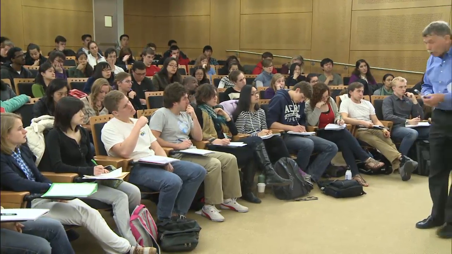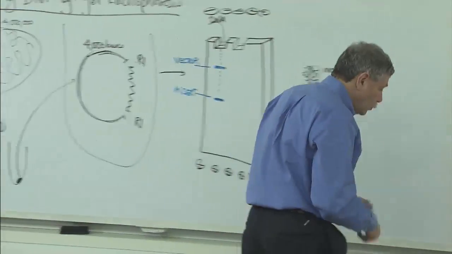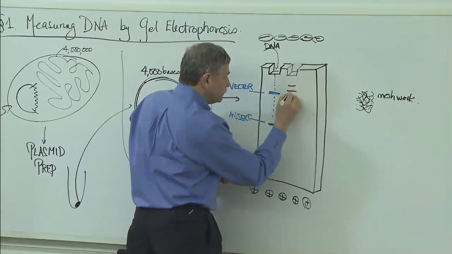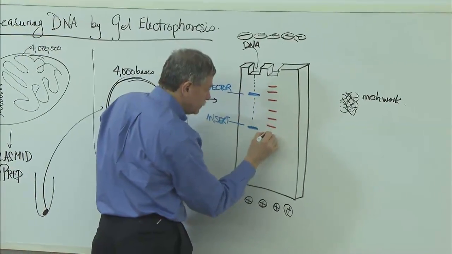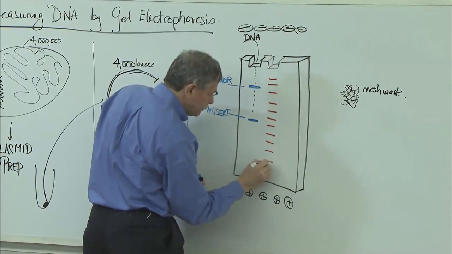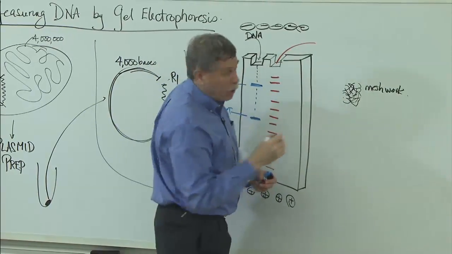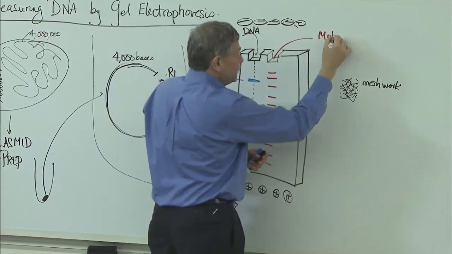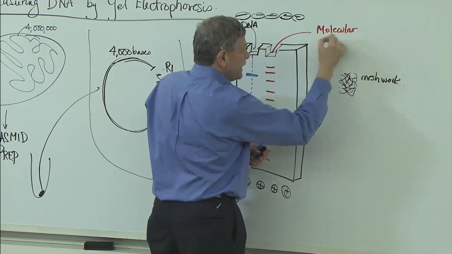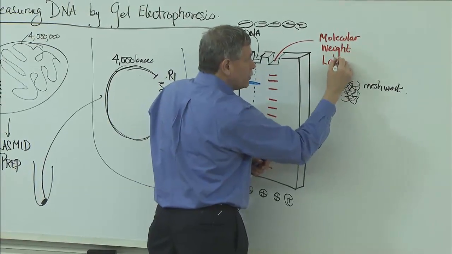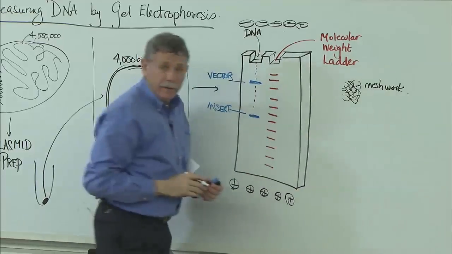Suppose I were to go and get a mixture of known lengths, like that. These are just, we call this a molecular weight ladder. Just a mixture of known lengths.